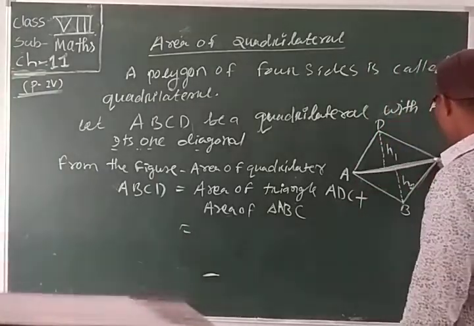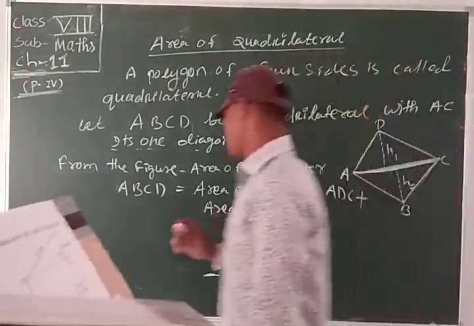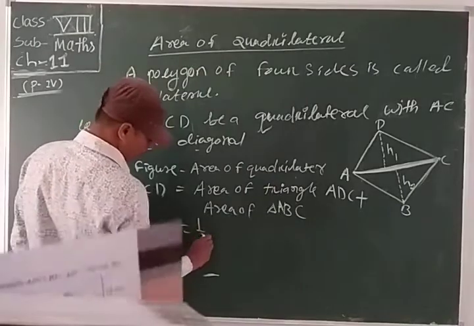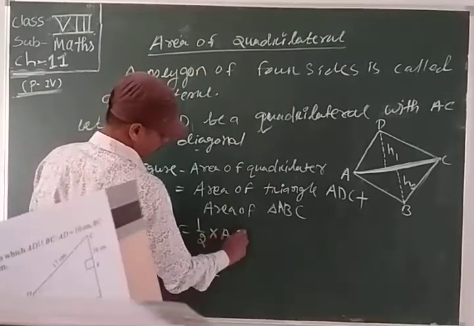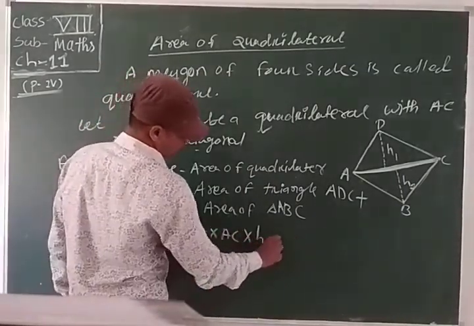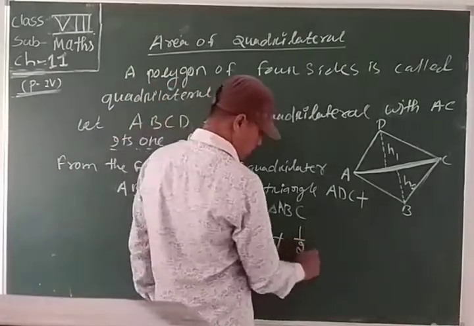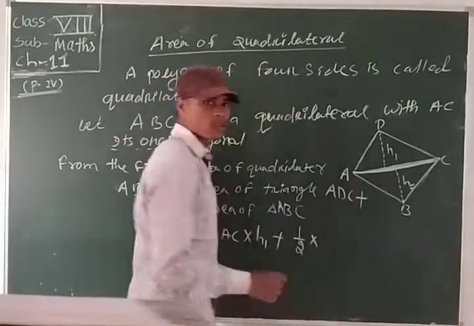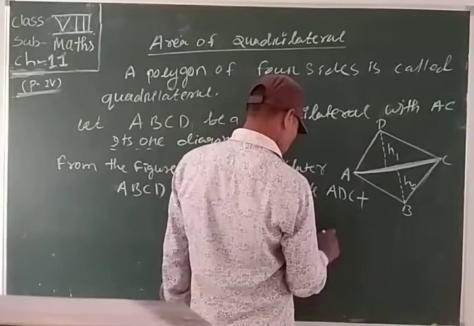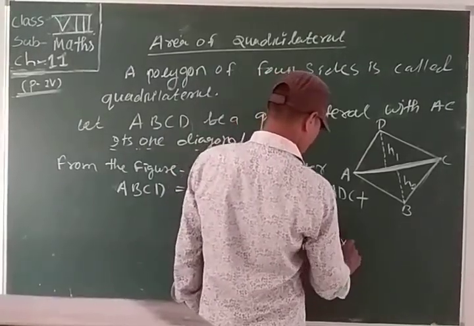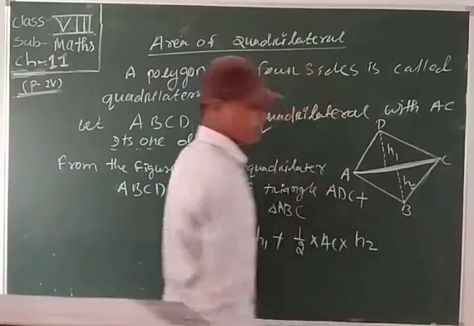So 1 by 2 into AC into H1 plus 1 by 2 into AC into H2, as AC is the common base of both triangles.